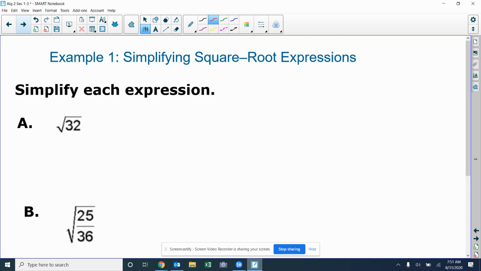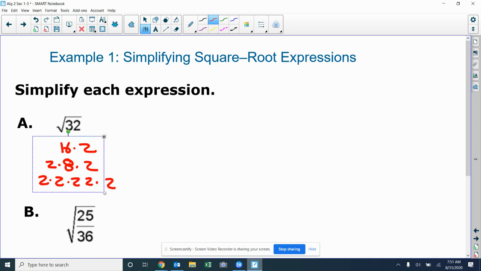So if you're doing the factoring method, which sometimes people do, you could say 16 times 2, 2 times 8 times 2, and then you're going to end up with 2 times 2 times 4, which would be a couple more 2's, times 2. You get a lot of 2's there. So underneath there we have 5.